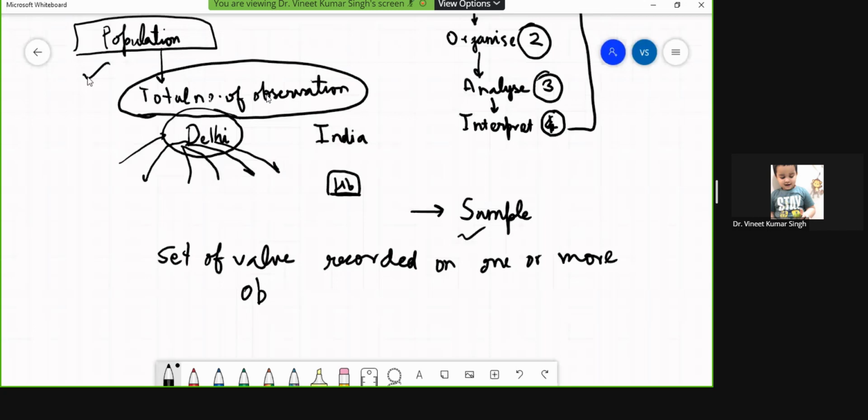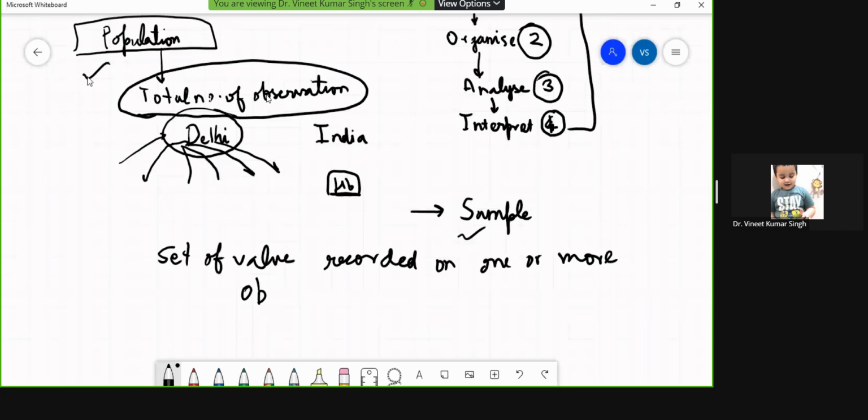This can be true for this also. The spread is different in all three populations, but the mean is the same. So by looking only at the mean value, we cannot find how the population is behaving.